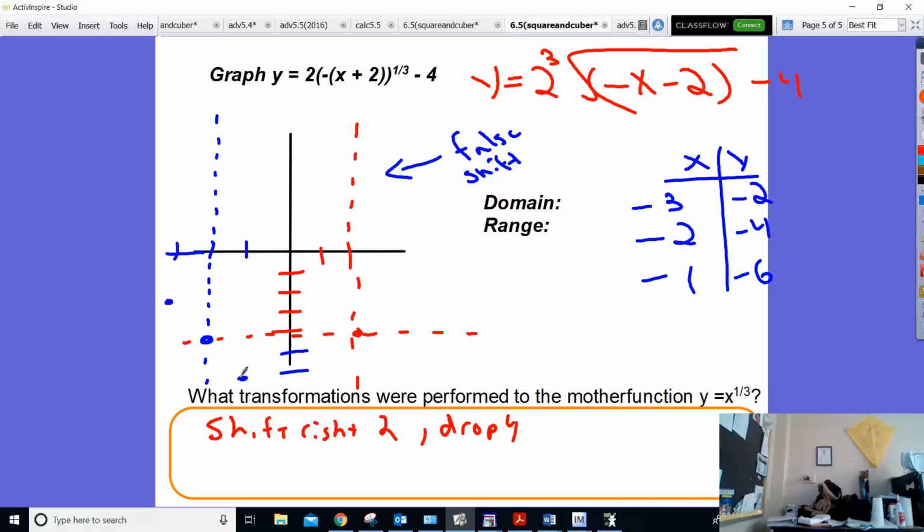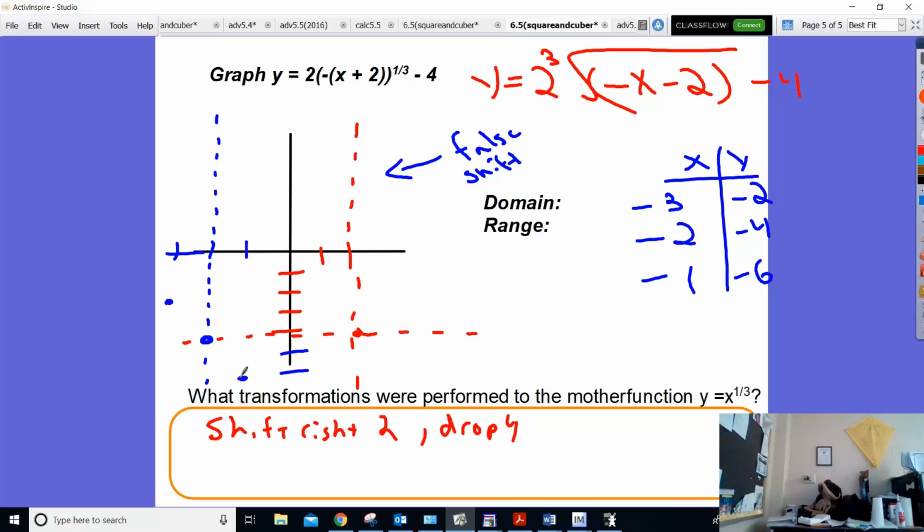And remember what mom looks like. Mom's not something that starts like this and goes like that. Mom's like this, right? Now our points are telling us that we've got to come in the pi, which is kind of interesting. I'm surprised our points are telling us that. But they sure are, aren't they?